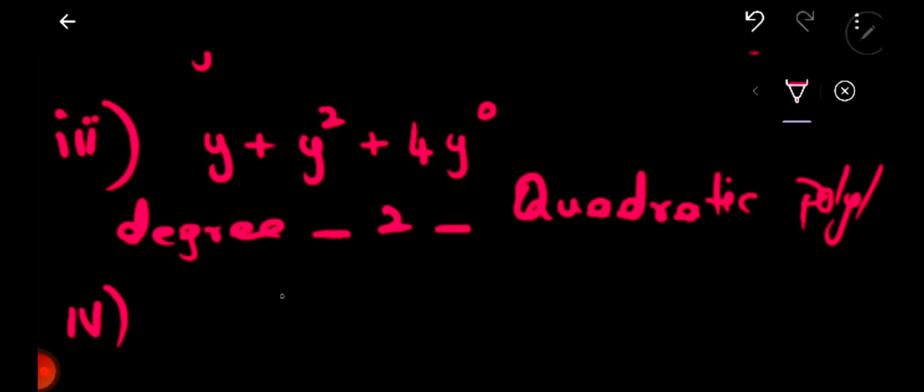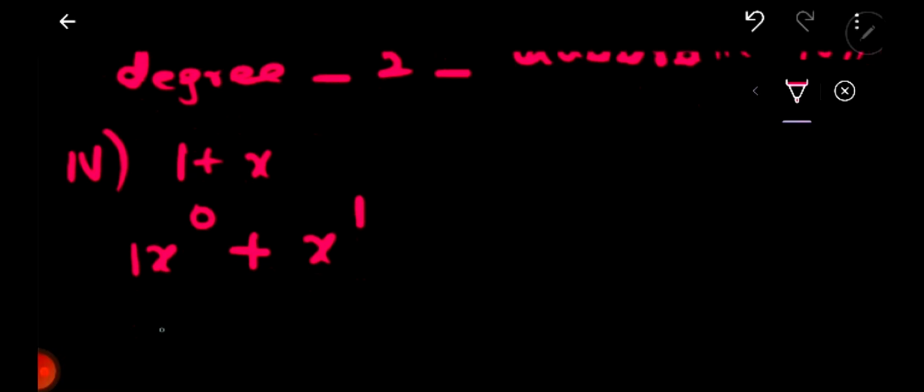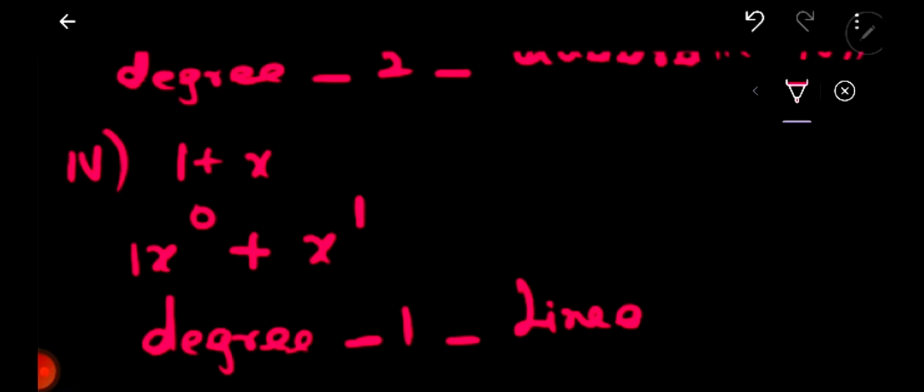And the fourth one, 1 plus x. The power of 1 is 0, because we can rewrite this expression as 1 x to the power 0 plus x. So the power of this term is 0 and the power of the second term is 1. So 1 is the greatest one. So the degree of this expression is 1. So it is a linear polynomial.